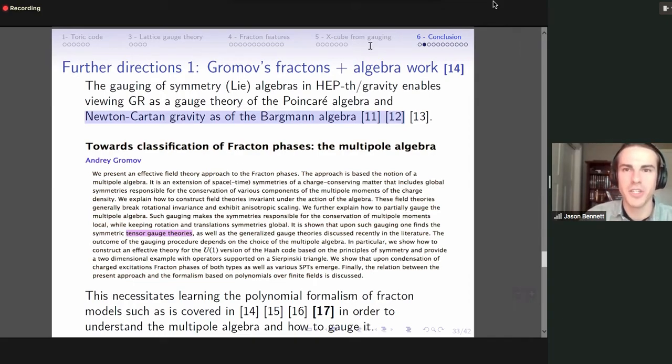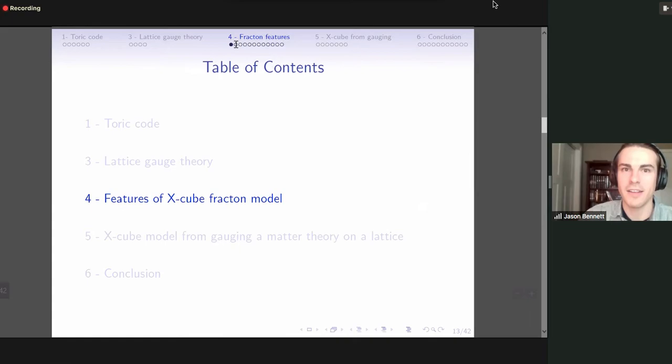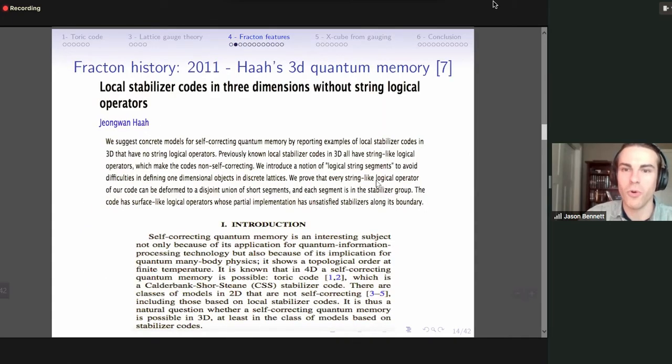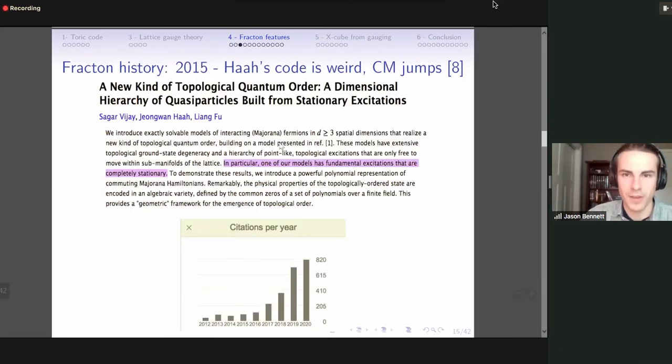And so it's much more similar to what I did this semester, but I'm still finding myself needing to learn the polynomial formalism, which from Ha's original code was much more prevalent versus the X-cube model, which was more lattice condensed matter focused.